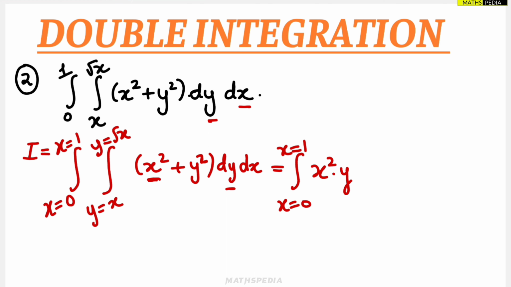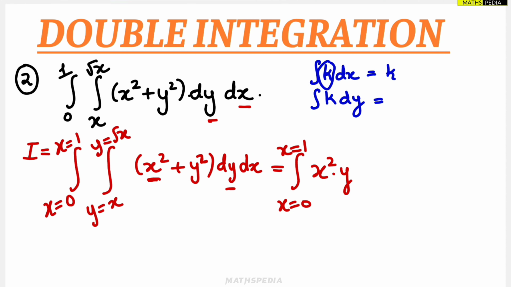What logic am I applying here? Suppose integration of k dx is there, and one more integration of k dy is there. Any constant, it can be another variable also, it is considered as a constant. For example, if I say z here, or p, q, r, s, t, whatever variable, suppose y is sitting in place of k, that is considered as a constant.